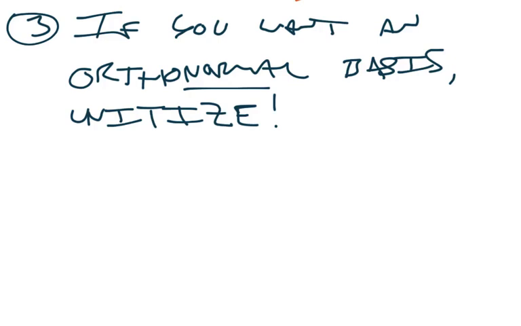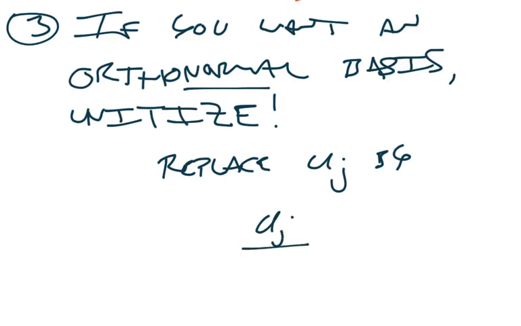So the idea is replace uj by uj divided by the magnitude of uj. Just give it unit length. And then you'll have an orthonormal basis instead of just an orthogonal one.